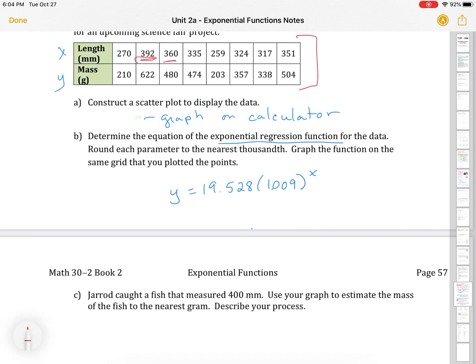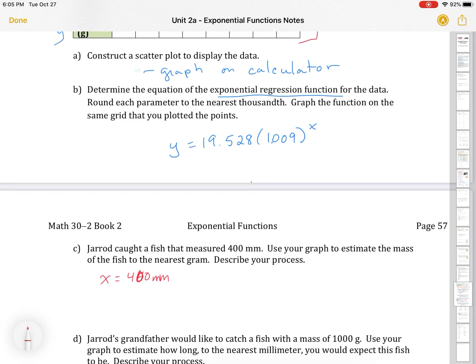And we want a fish that measured 400 millimeters, so I'm graphing that. So this is our X value, right? X equals 400, not 440. So when I put that in for my value, second function trace value 400, and then I get Y equals 703.